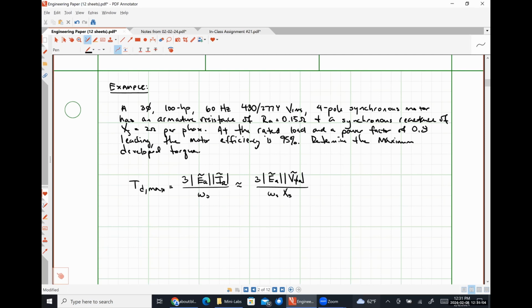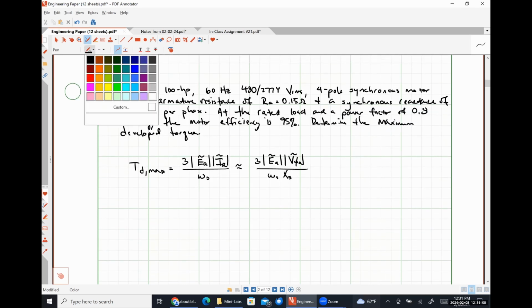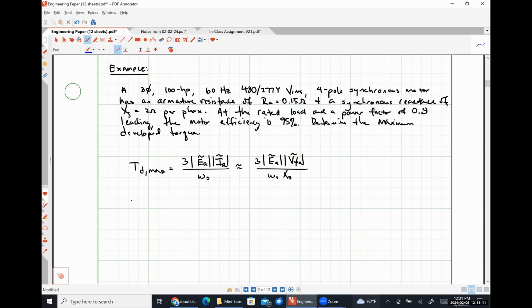X_S, yeah. So we know, I'm going to do this in a different color, that X_S is equal to 2 ohms.